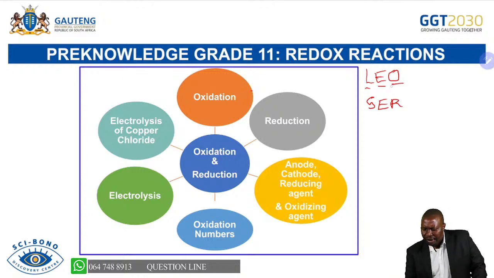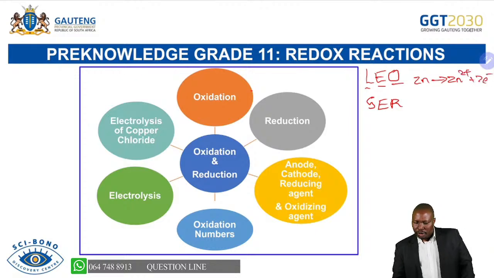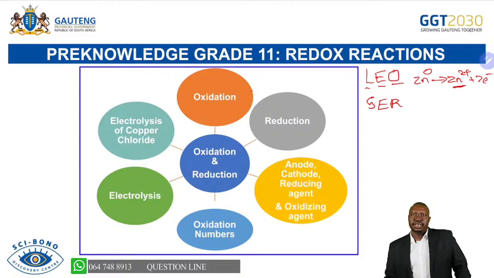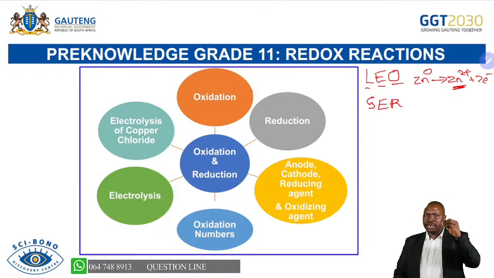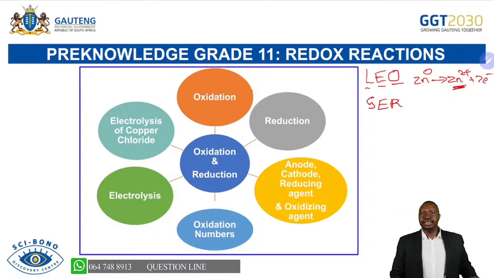For example, if I was to give you zinc becoming Zn2+, it means it's losing 2 electrons. So you will be able to see that in terms of oxidation numbers, remember zinc alone has an oxidation number of 0. So the increase in oxidation number of zinc from 0 to +2, that is oxidation. So oxidation is an increase in oxidation number.